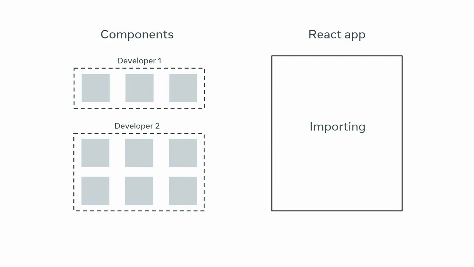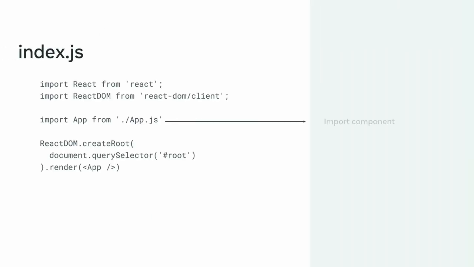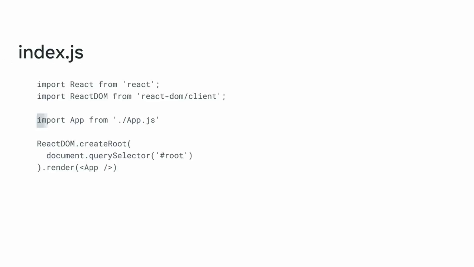And in React, you import components into your application using the import statement. You may have already noticed the import statement in the default index.js file where the app component is rendered. In React, to import a component, you use the keyword import followed by the component name you want to import.